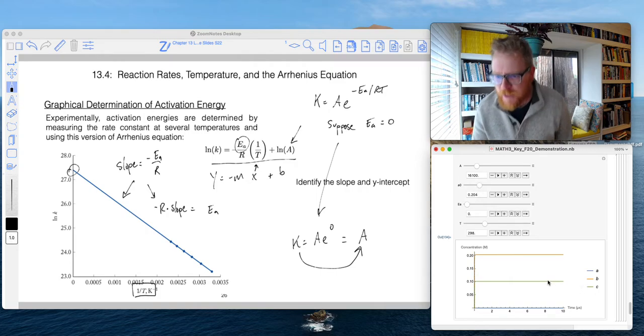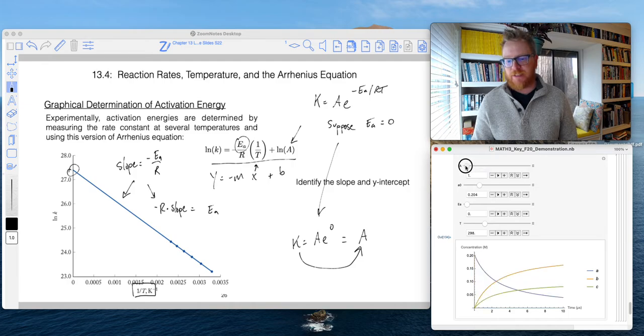This is a really fast reaction because you can see there's no A left. It just looks like B and C are created instantaneously. So now let's slow down that reaction. I can slow it down by decreasing this frequency factor. We'll keep this on some easy to use number, like 1. You can see now with a low frequency factor, the reaction really slowed down.